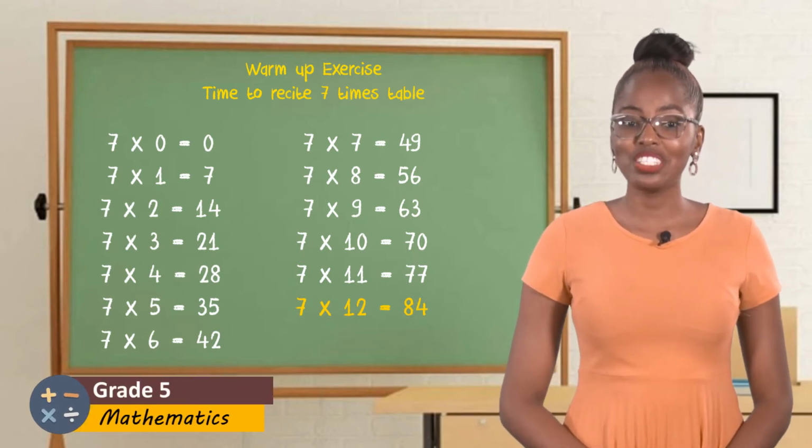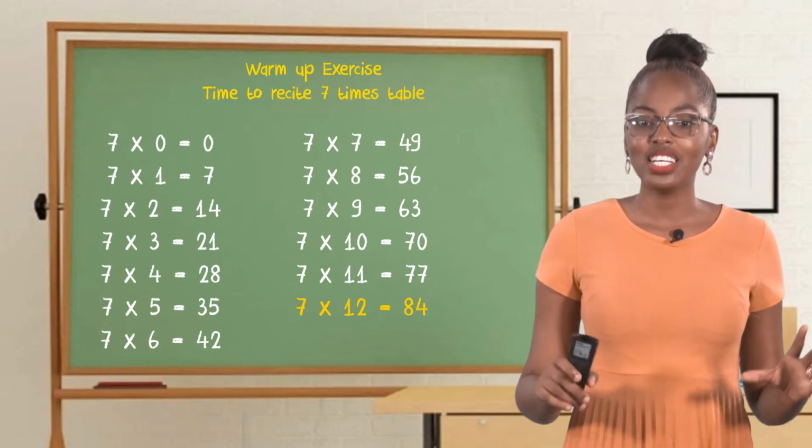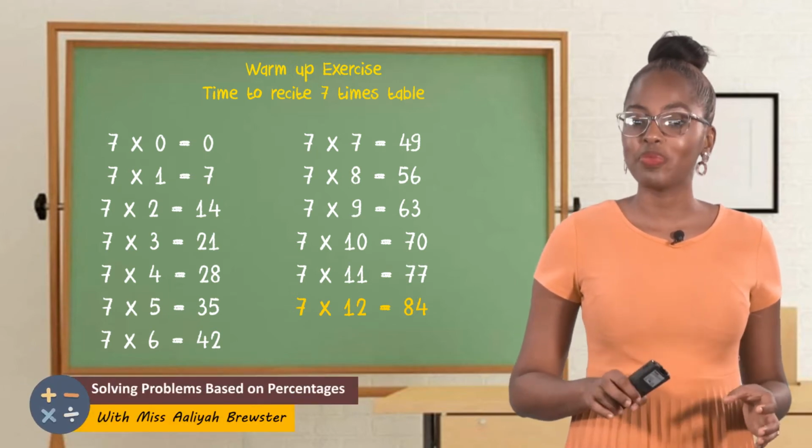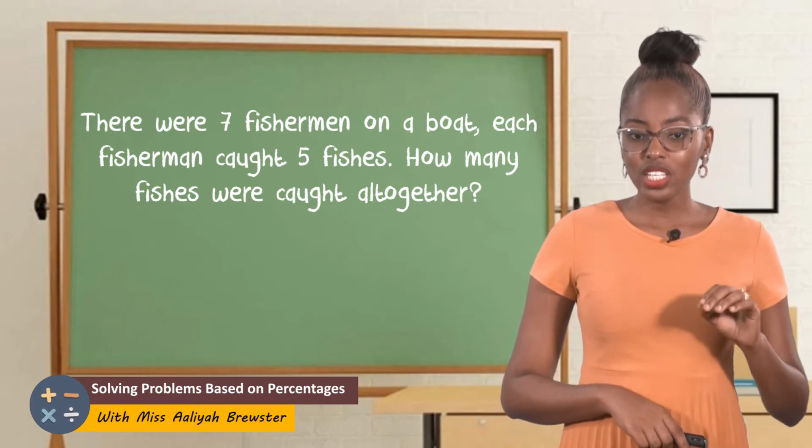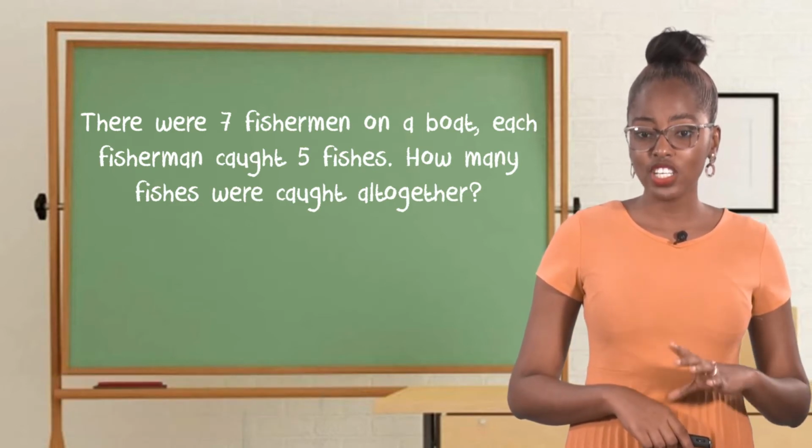Now that we're finished reciting our 7 times table, let's discuss this problem. There were 7 fishermen on a boat. Each fisherman caught 5 fishes.